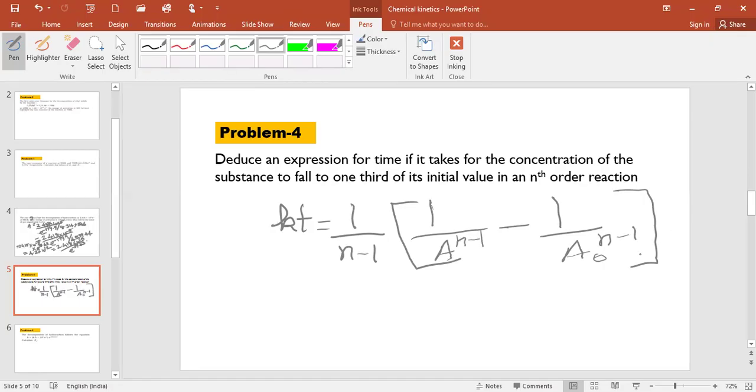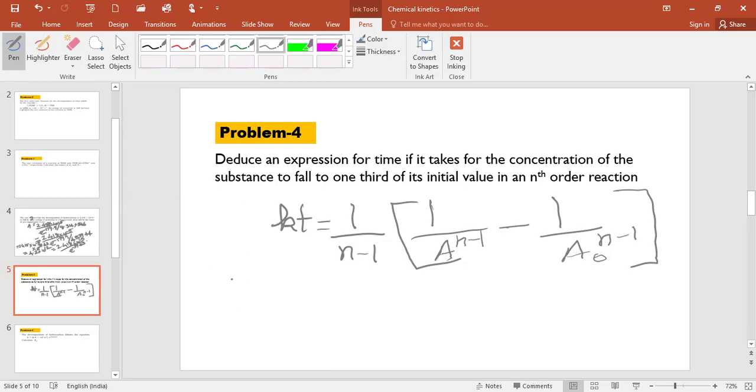What is asked now? They ask for an expression for the time at which the concentration has fallen to 1/3 of the initial value. The initial concentration is a0, and after the time it is a0 by 3. Therefore, you substitute the value of a as a0 by 3.